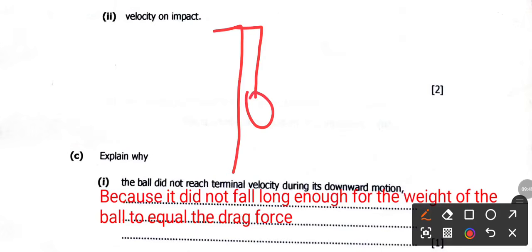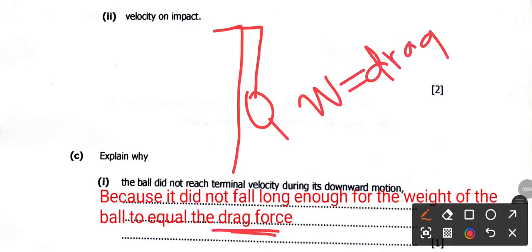So there reaches a time where the weight of this ball is equal to the air resistance. And in other books, the air resistance is sometimes referred to as the drag force. So when this happens, a body is said to reach terminal velocity.